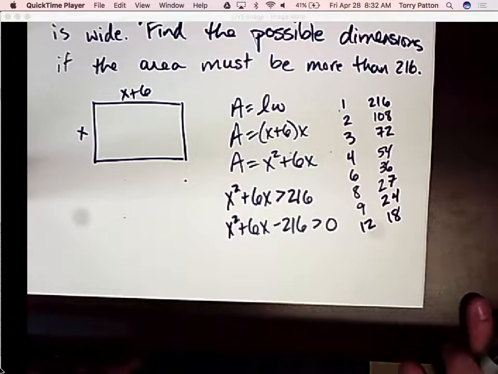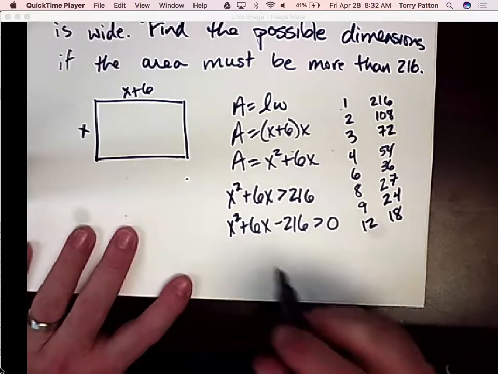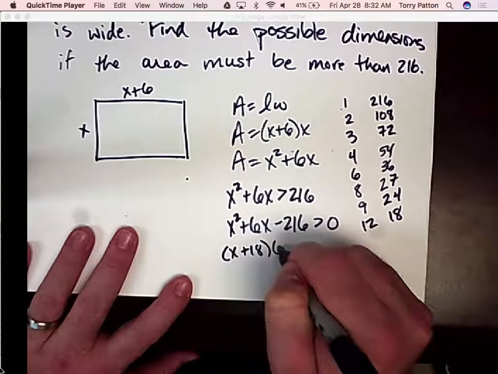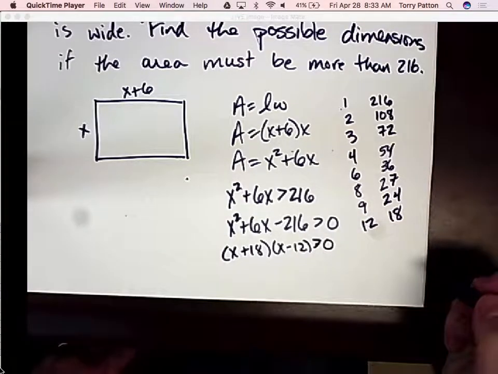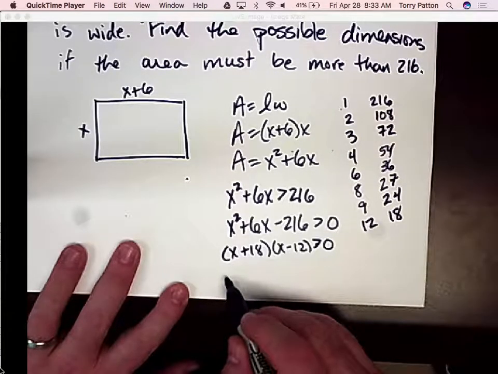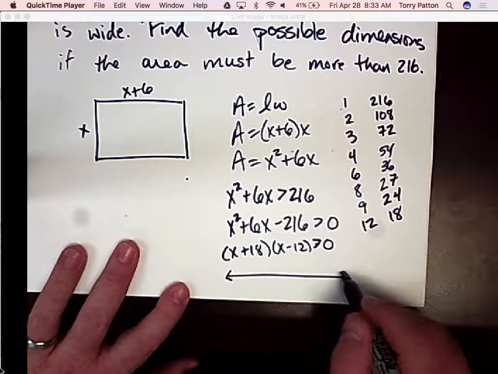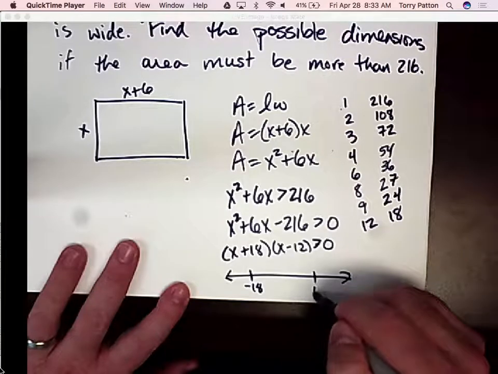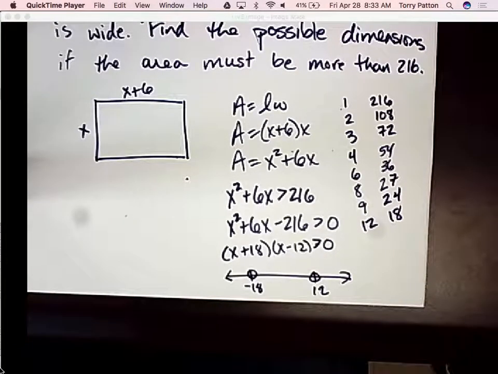There we go. Okay, so it's going to be x plus 18, x minus 12, right? Which gives us negative 18 and positive 12, right? Now we don't color those in because equals 0 is not an option.